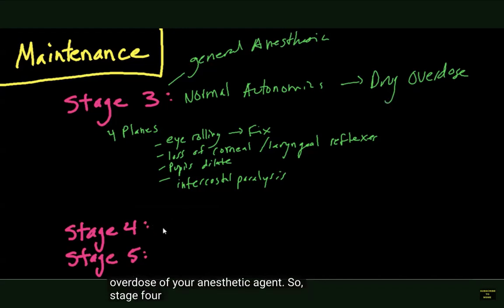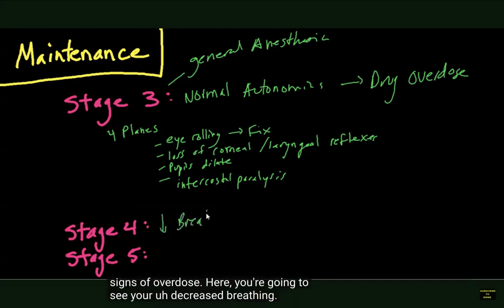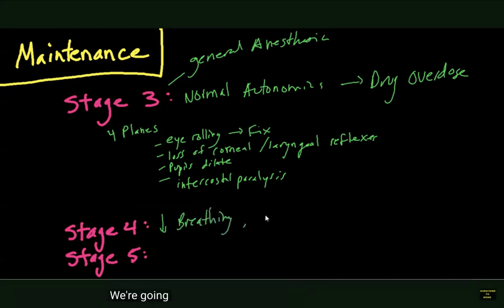So stage 4 is going to be the first signs of overdose. Here you're going to see your decreased breathing. We're going to see autonomic instability reemerge.